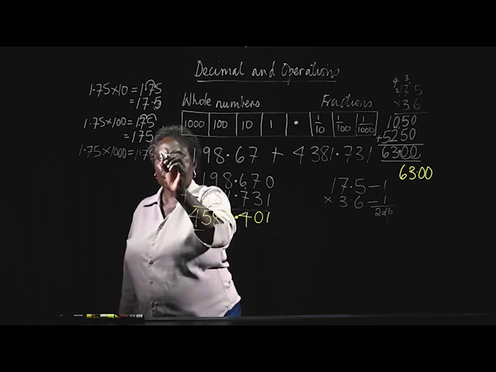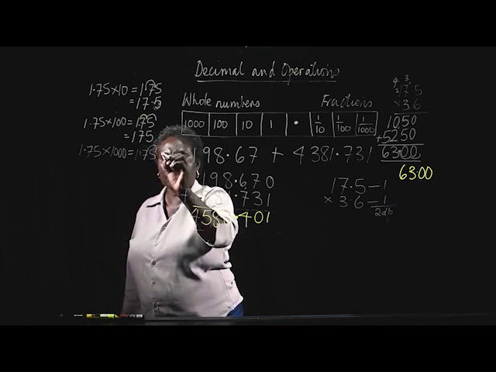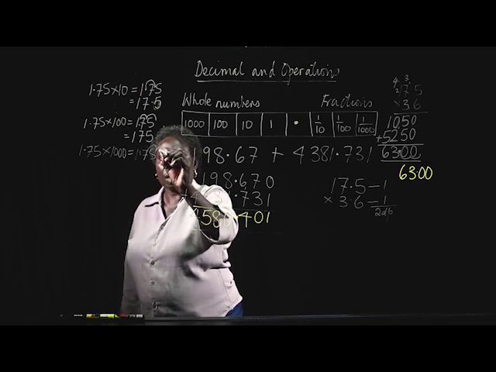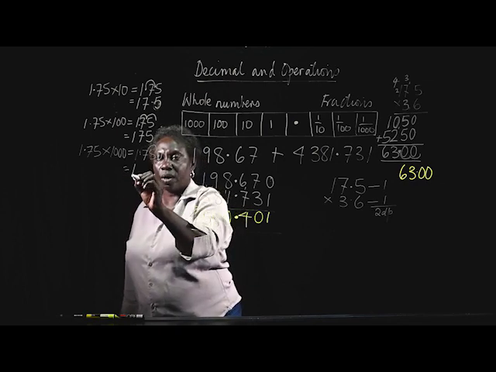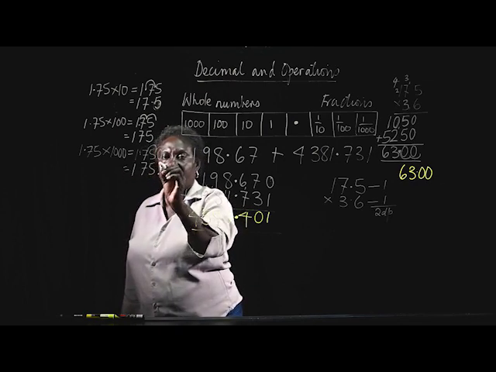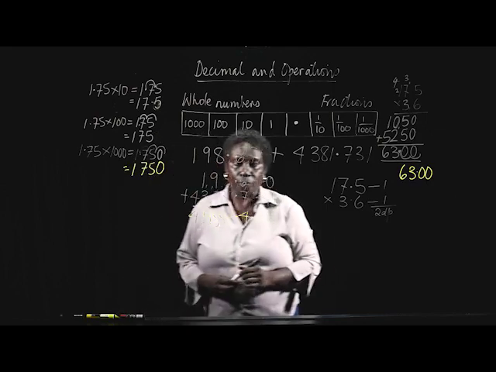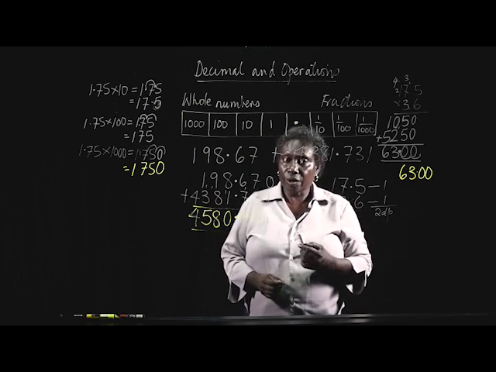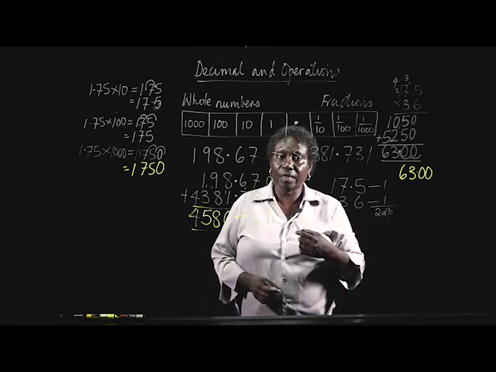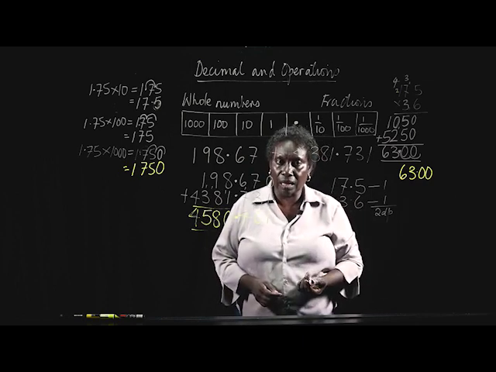Now, notice that there is a gap here without anything. I am going to put a 0 here so that there is a figure there. So, my answer becomes 1,750.